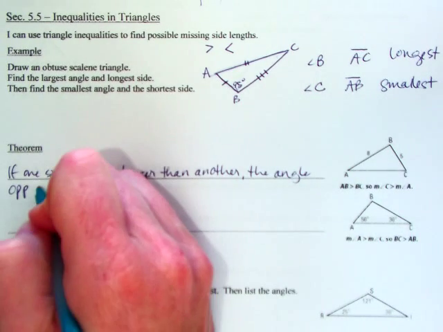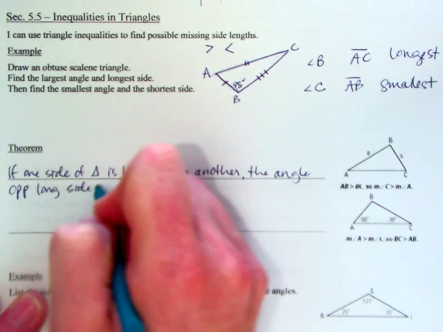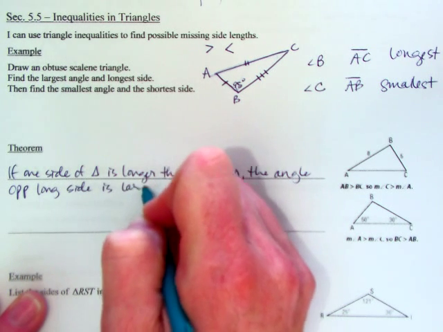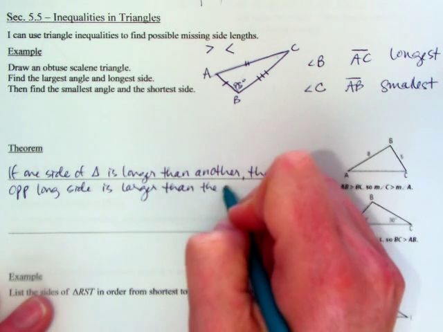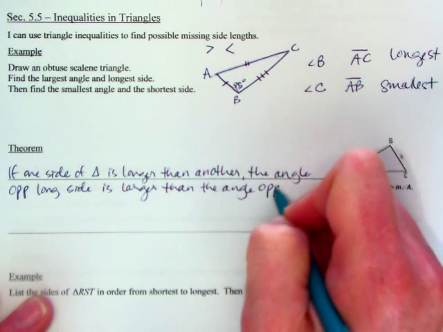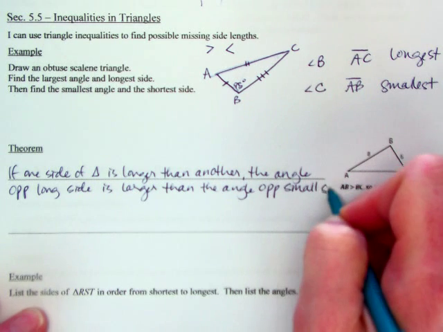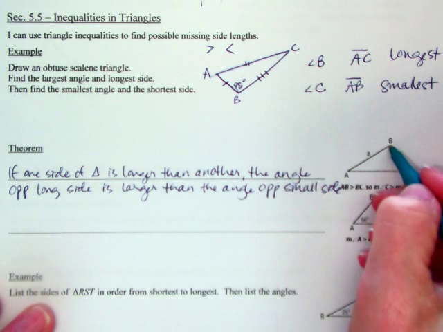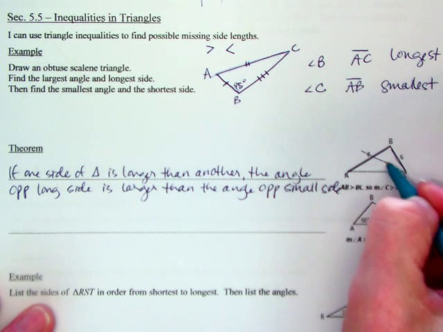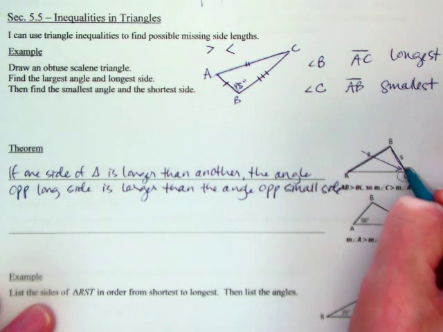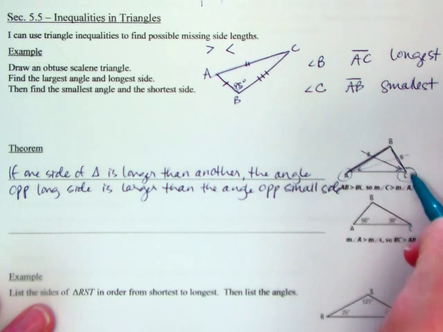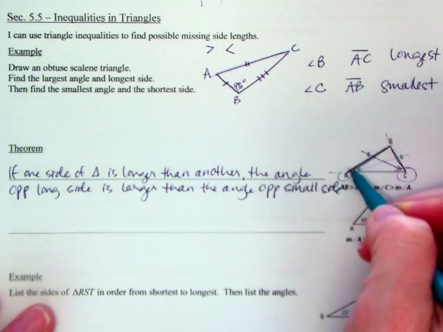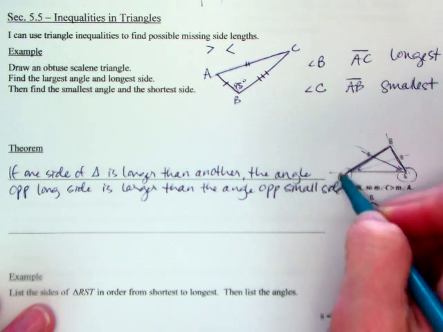Then the angle opposite the long side is larger than the angle opposite the small side. So if I know that AB is 8 and BC is 5, I know the angle across, so angle C, is bigger than A. If this angle's got a bigger side opening, an 8 is bigger than a 5, so the C angle is bigger than the A angle.